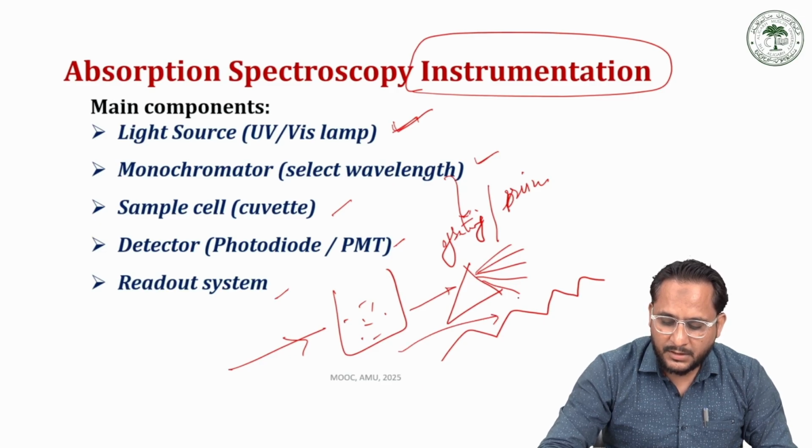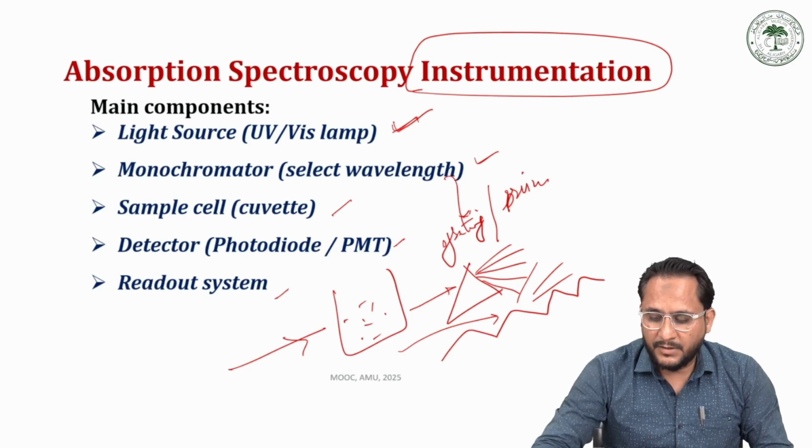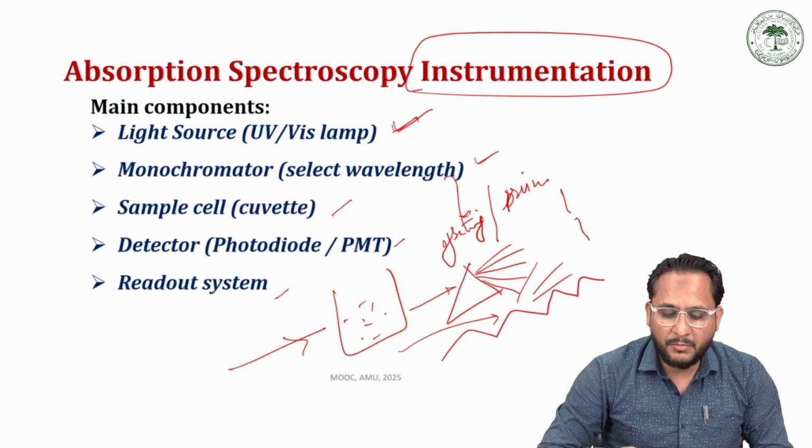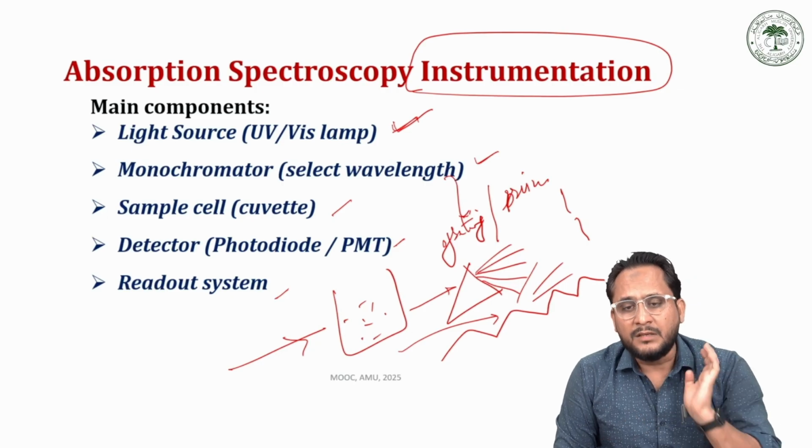When light falls, it can be distributed into different colors. And then we have a slit. So a monochromator is basically a combination of a grating or prism along with a slit.